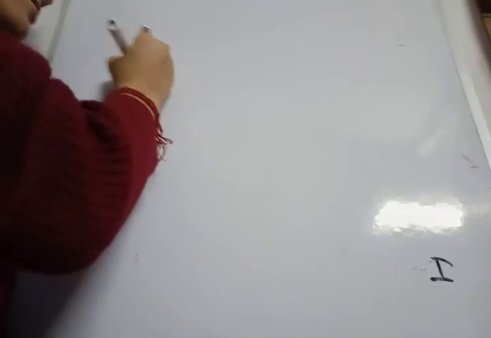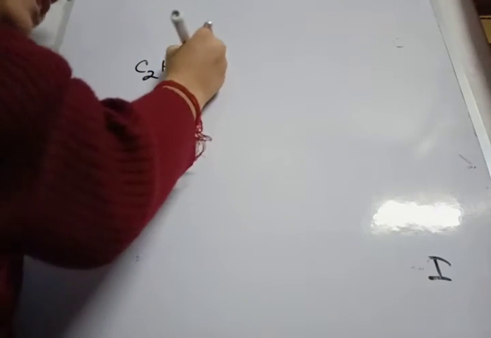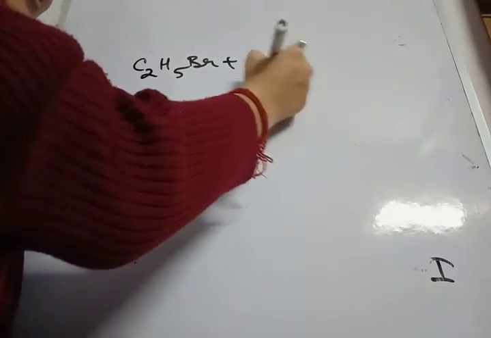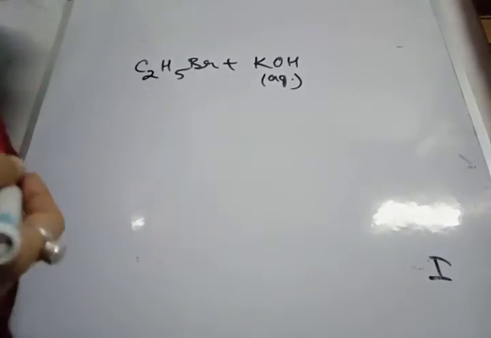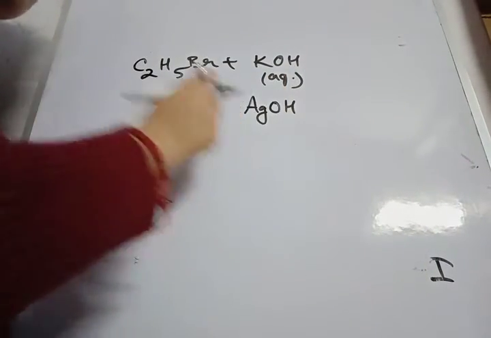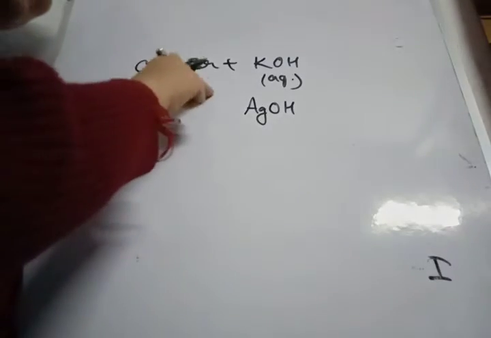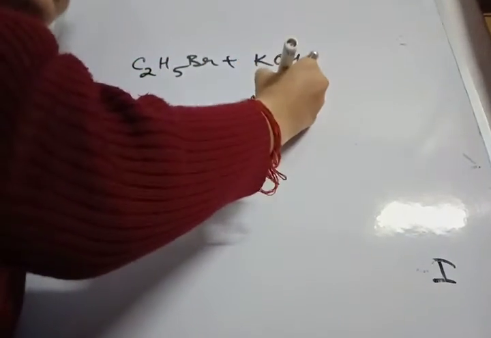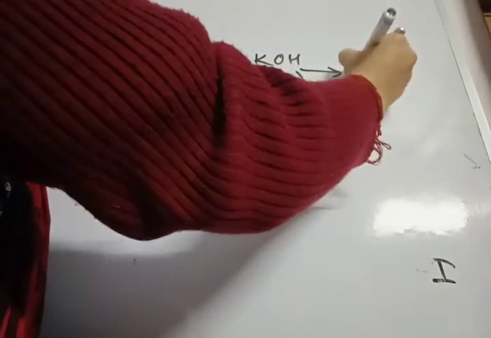So in this particular reaction, alkyl halides, if I take ethyl bromide treated with aqueous KOH or moist silver oxide. Moist silver oxide means this one. If the alkyl halides are treated with aqueous KOH or moist silver oxide, we will be getting what?